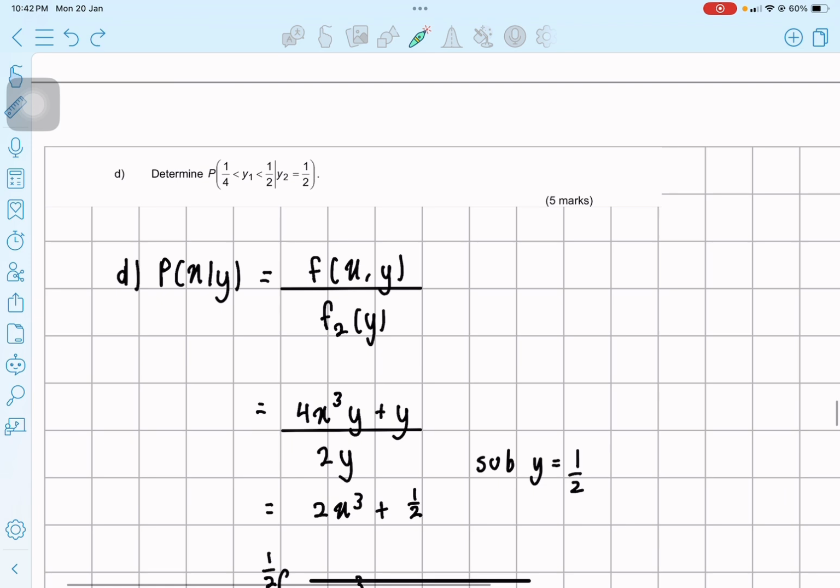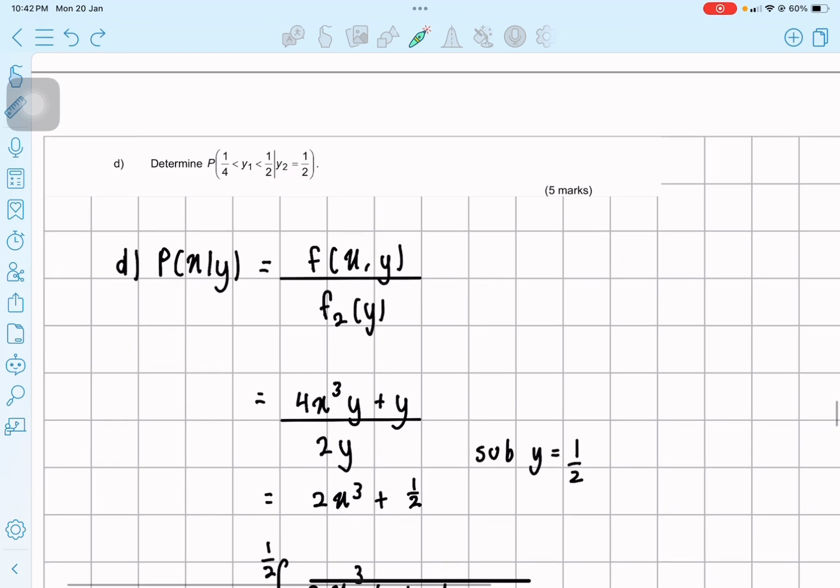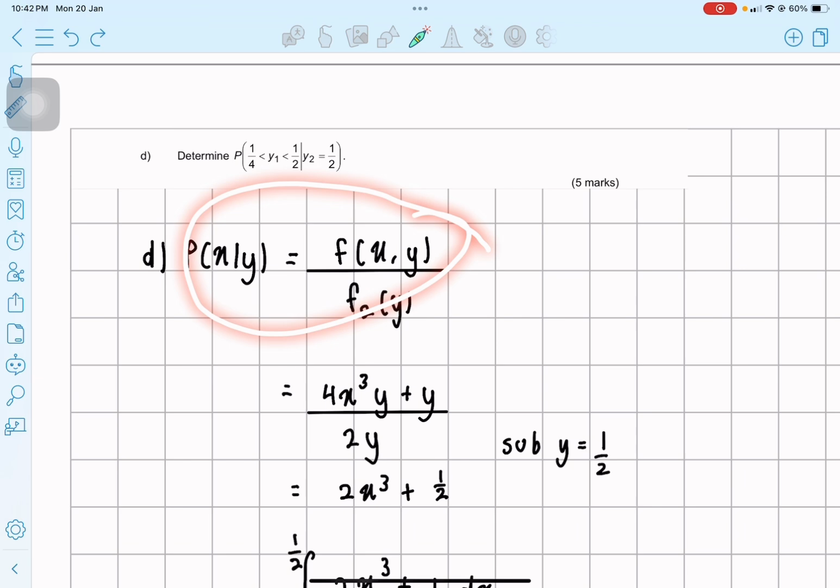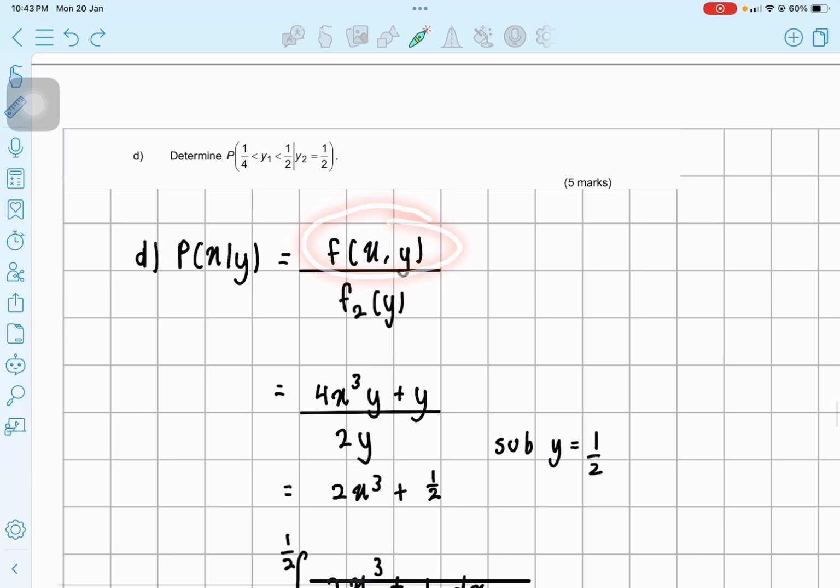Question D. Determine P(1/4 < y1 < 1/2) given y2 equals 1/2. For this case, we call it conditional probability. I'm using this formula, f(x given y). We are going to use the joint probability density function over the marginal of y.